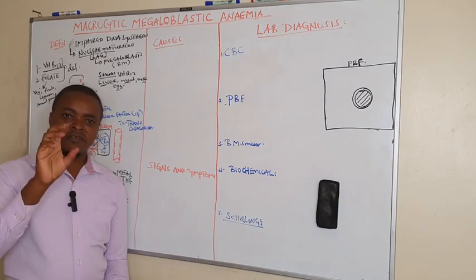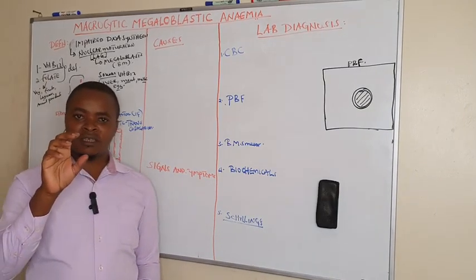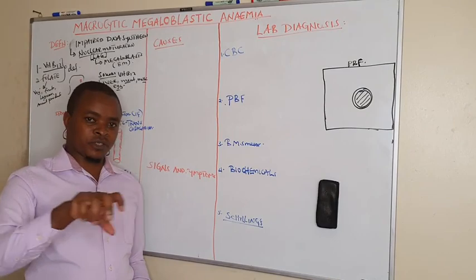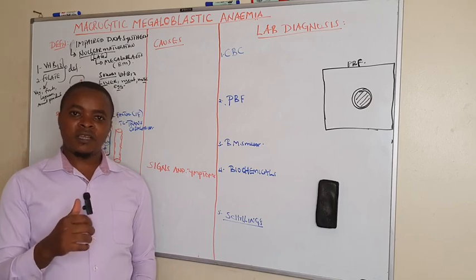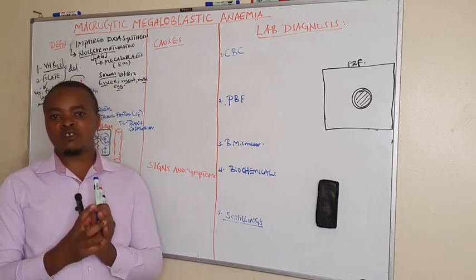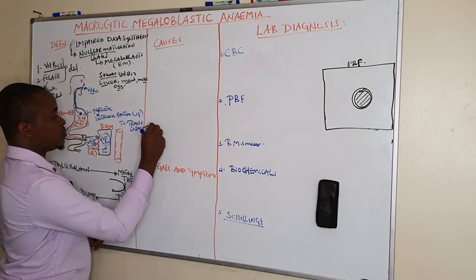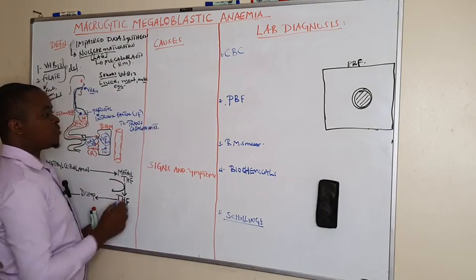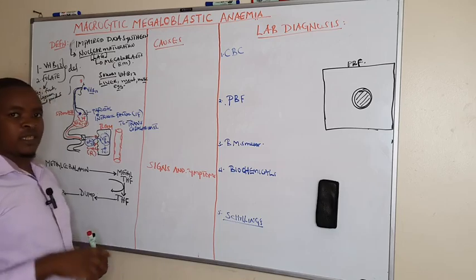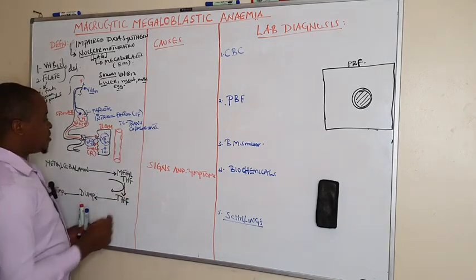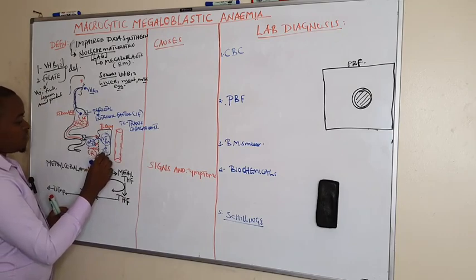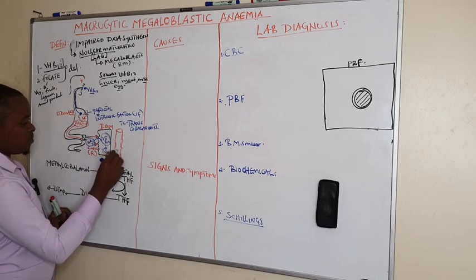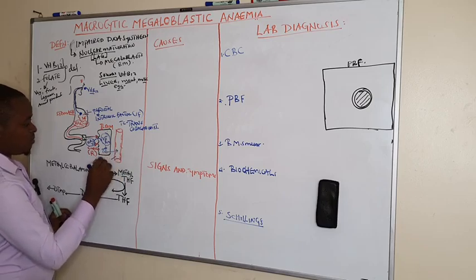So after intrinsic factor attaching on the R receptors in the ileum, it enables entry of vitamin B12 into the mucosal cells, and when they reach there, they bind with transcobalamin type 2. And this transcobalamin, which is a carrier protein, is the one that carries vitamin B12 into the portal circulation.